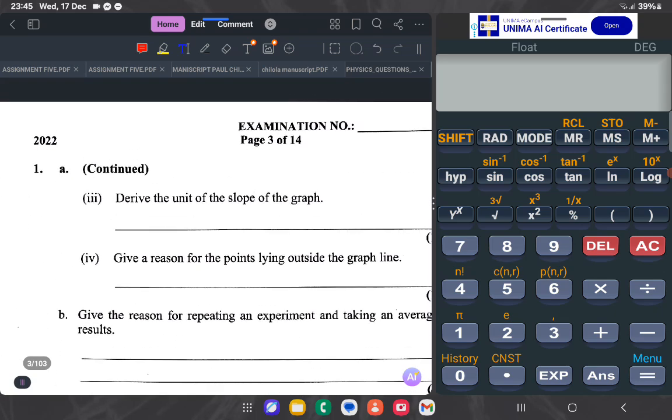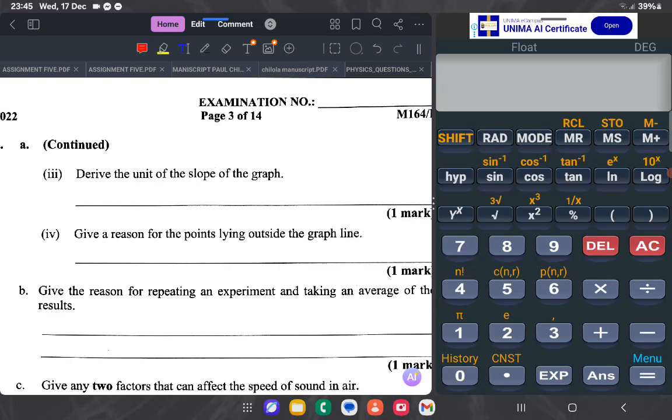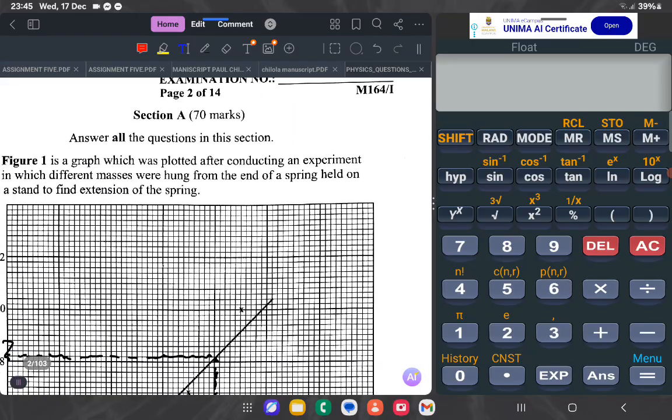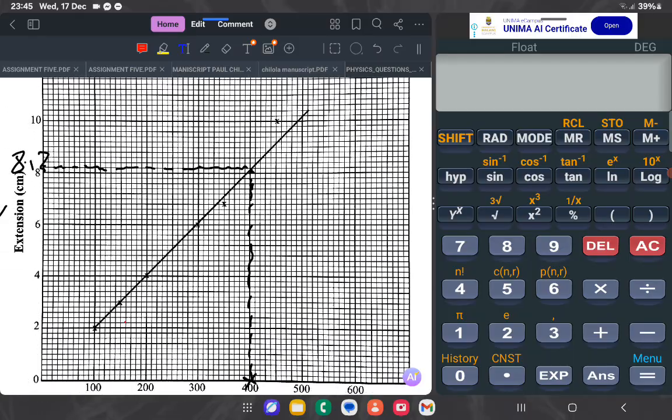Still referring to the graph, we are asked to derive the unit of the slope of the graph. So we go back to the graph. Remember, slope is simply the change in y-axis. In this case, we shall take the change in extension, and on this side, the change in mass.